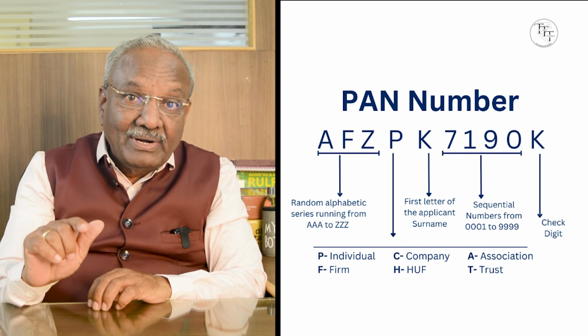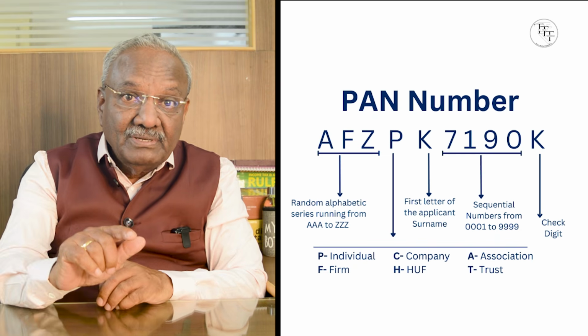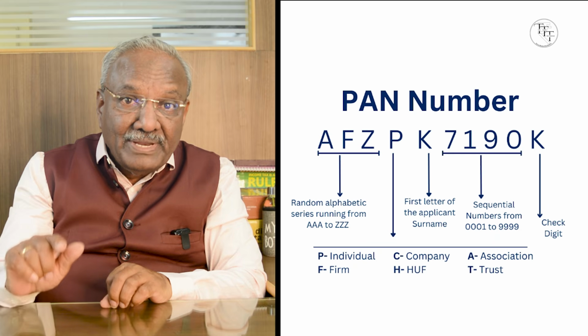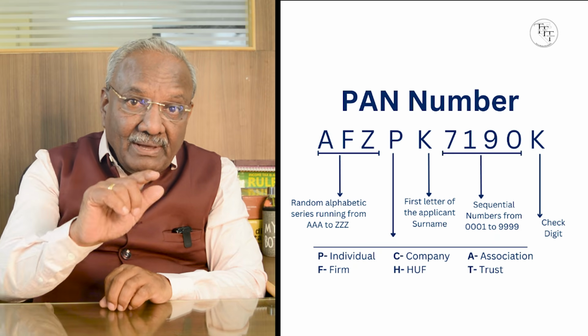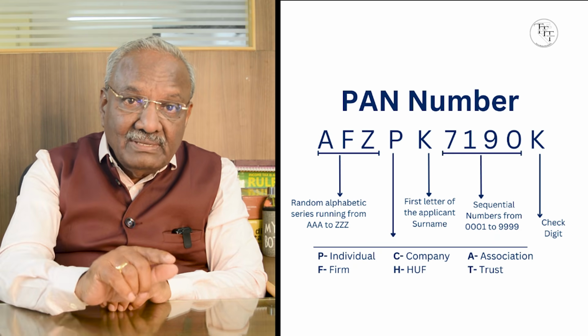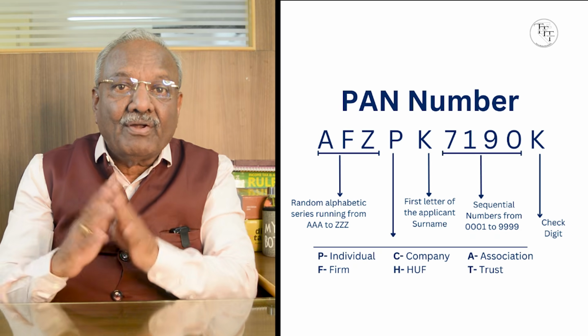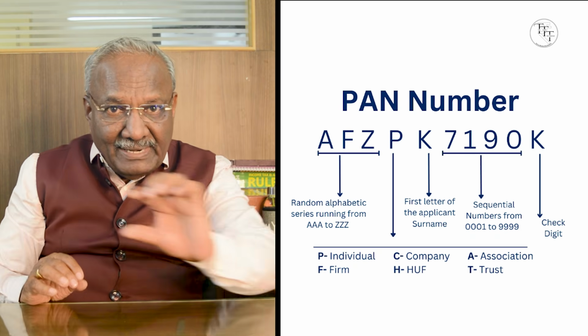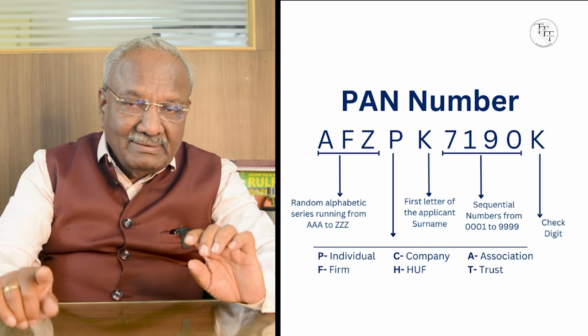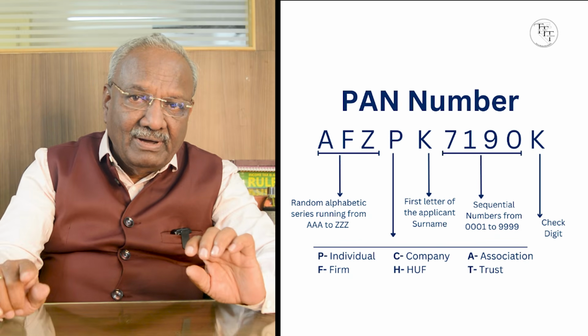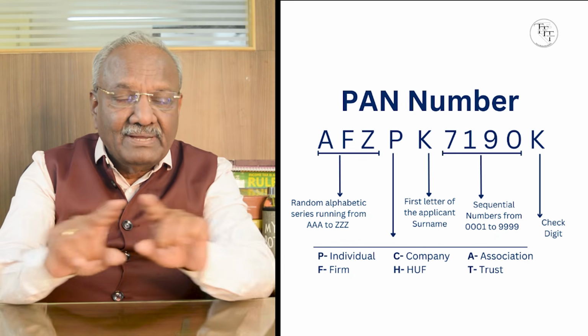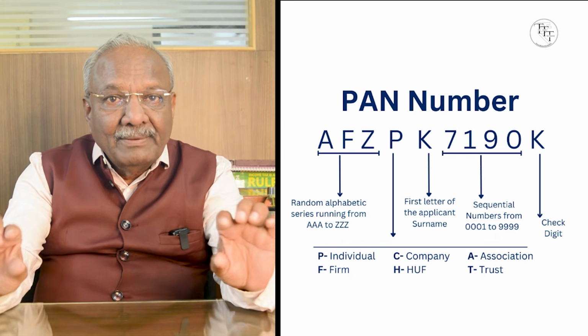So in that case, what happened? There is a confusion, because 0 is numeric and O is alpha. If such mistakes occur, immediately the system will say that this is a wrong PAN. So when the correct number is typed, the last is a check alphabet. These are what make up the PAN.